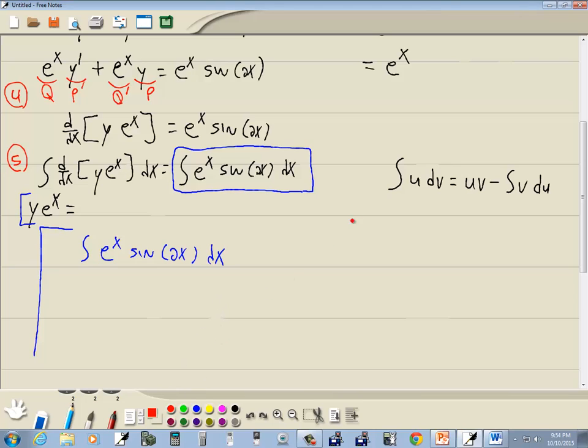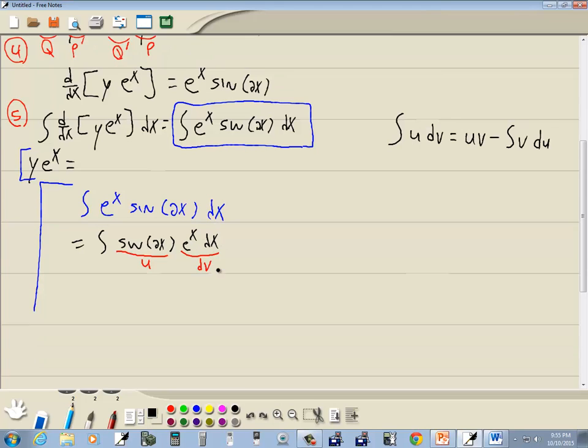Well, to figure out what our u and our dv is going to be, I suppose I should rewrite it. Okay, so we got the integral of sine 2x e to the x dx. This right here is going to be our u, and this right here is going to be our dv. It's always best to, if you got e involved, make that your dv. It just works out better, in my opinion.